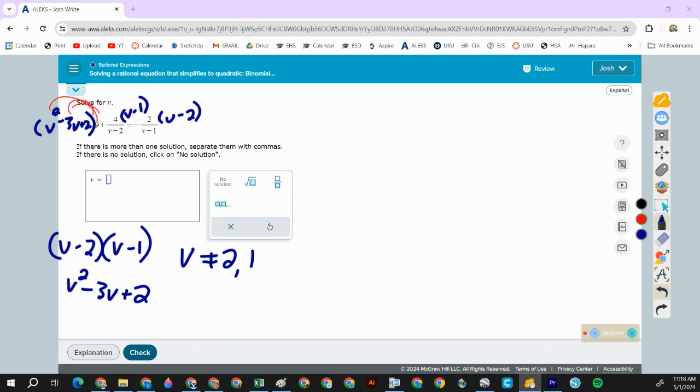So 9v squared minus 27v plus 18, oh, not equals, plus 4v minus 4 equals, don't forget about the negative, negative 2 times v is negative 2v, and negative 2 times negative 2 is plus 4.